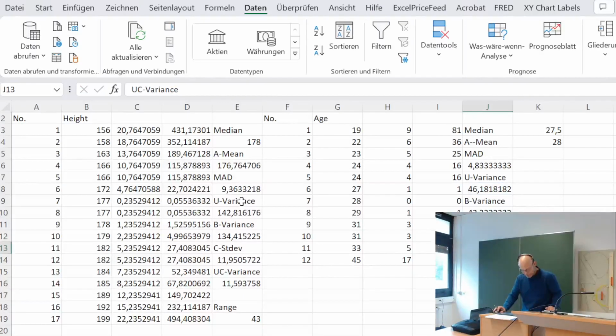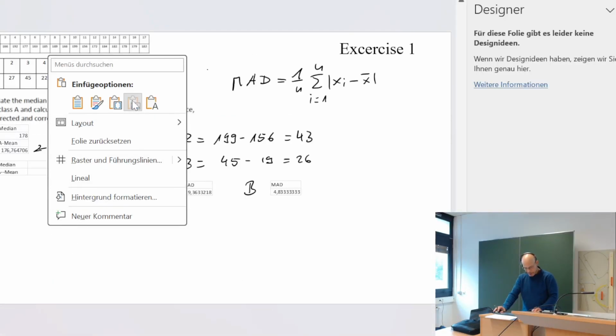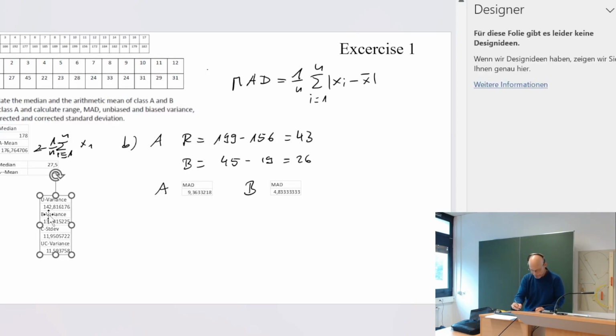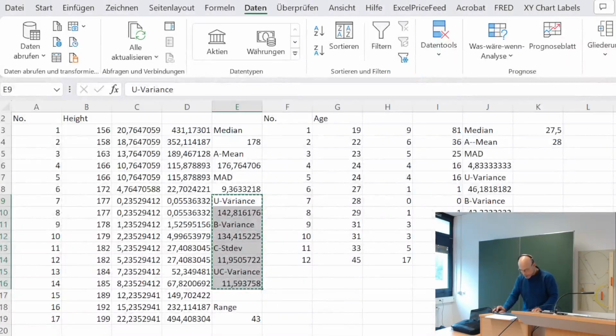Okay, so then let's copy this for A and also for B.